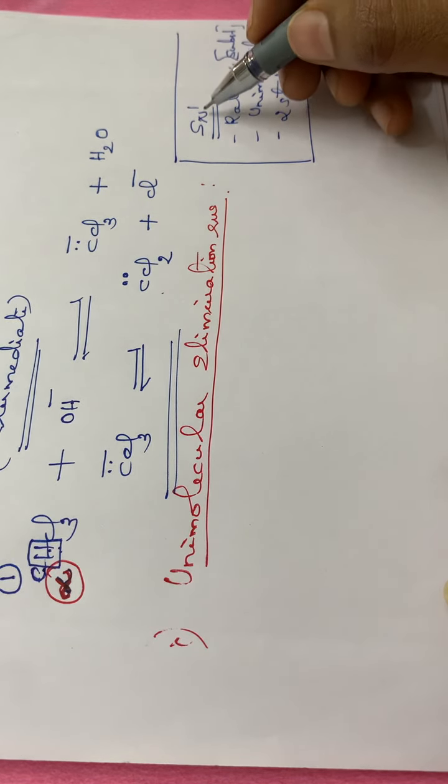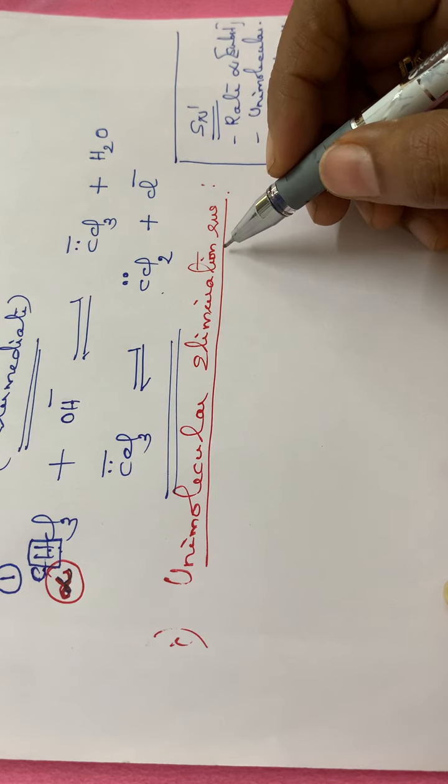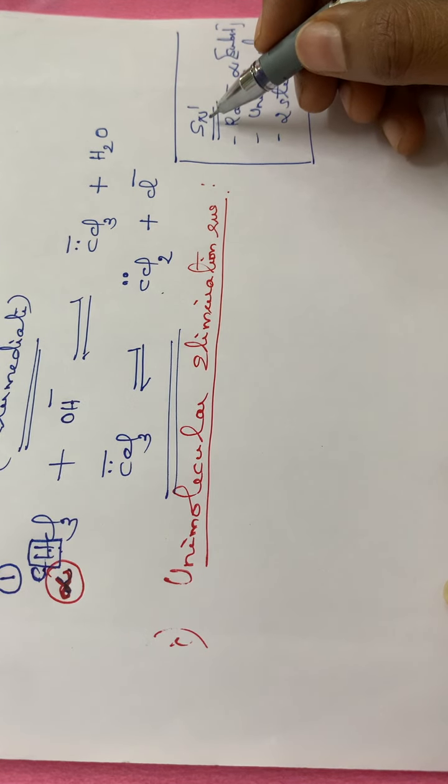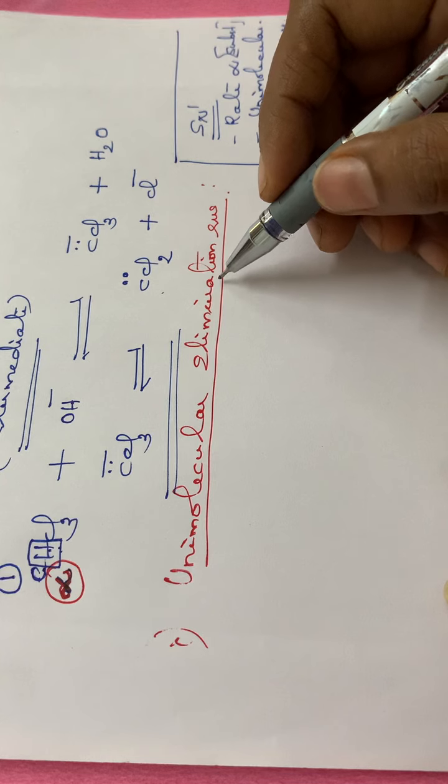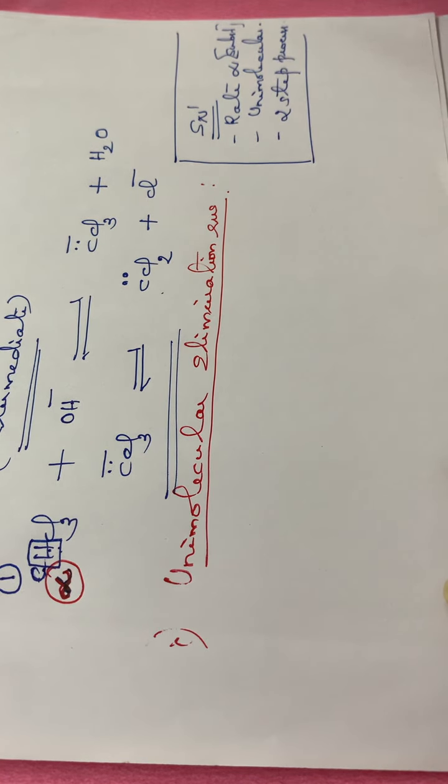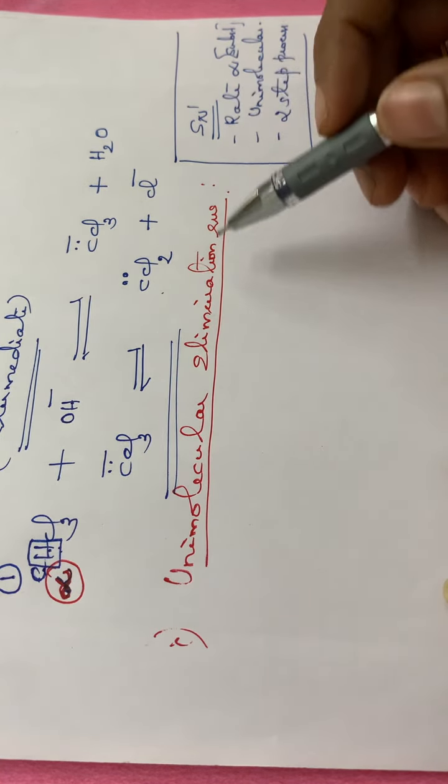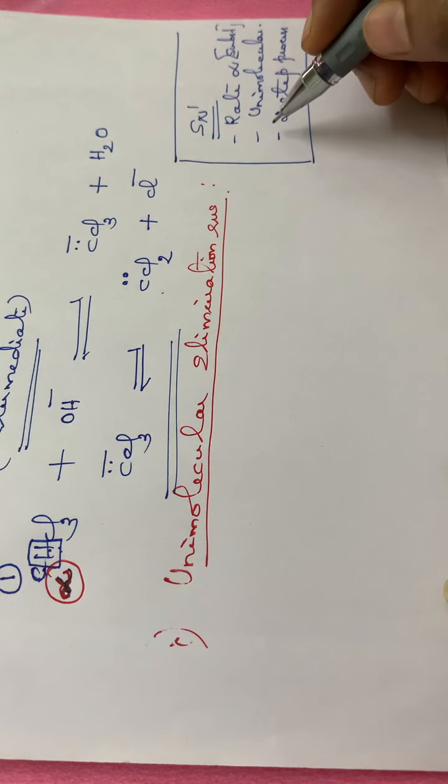The major difference between SN1 and the elimination reaction is that SN1 is a nucleophilic substitution reaction, while elimination means the removal of an atom or a group of atoms. In some factors, both SN1 and elimination reactions have similar characteristics.